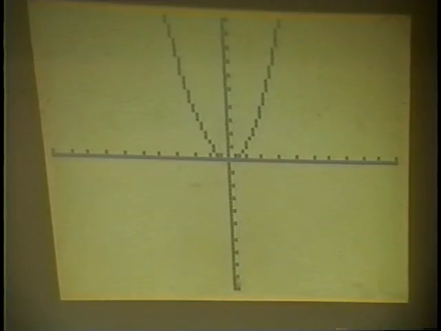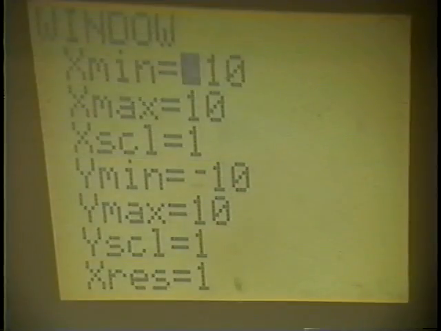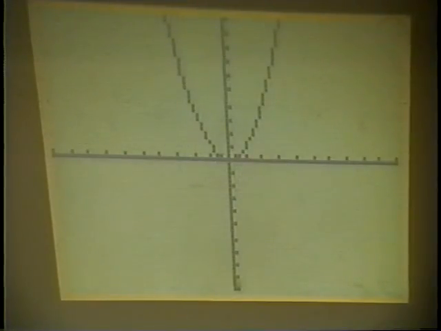If I hit the window button again, it's graphing it from -10 to 10 on the x-axis and from -10 to 10 on the y-axis, in increments of 1.